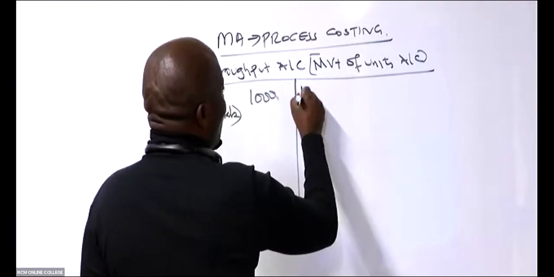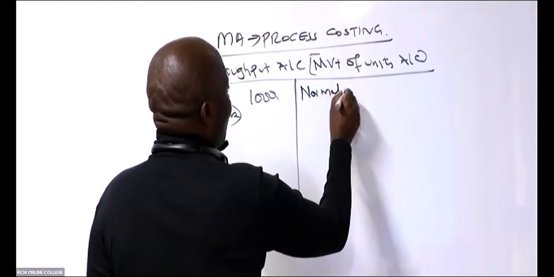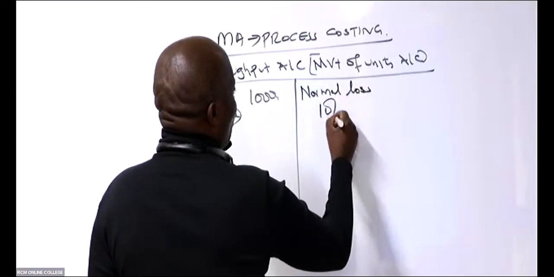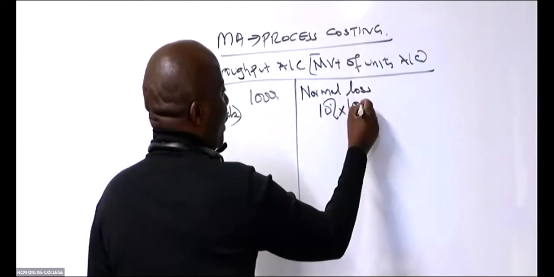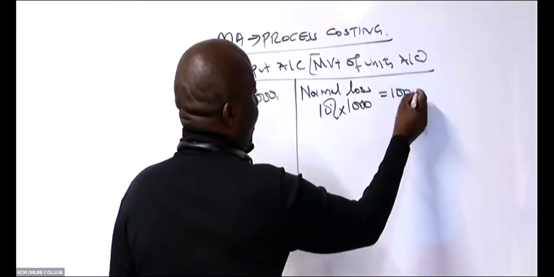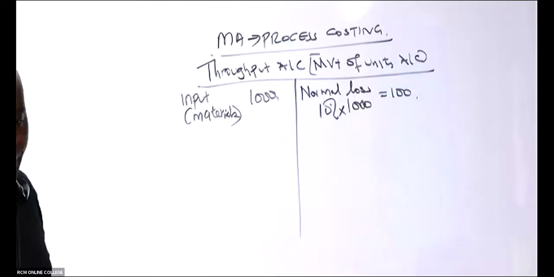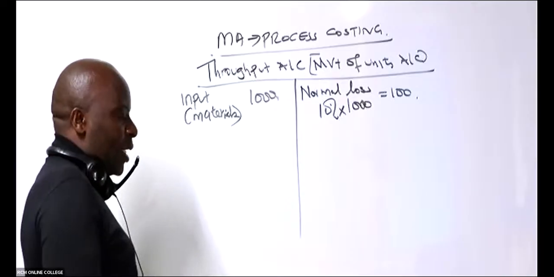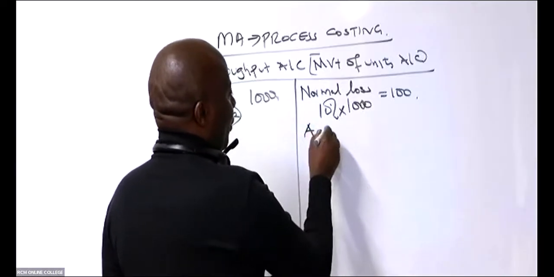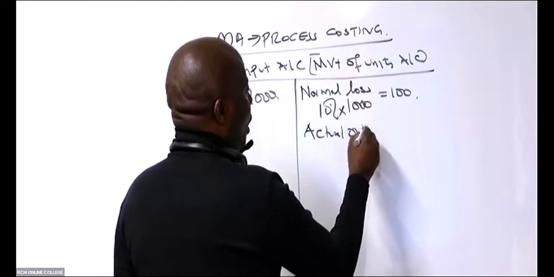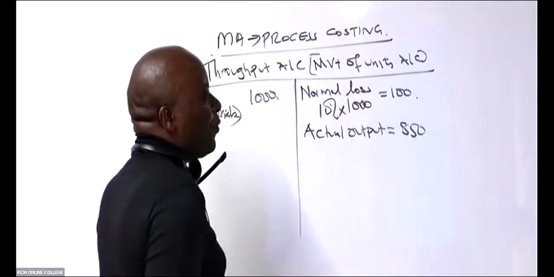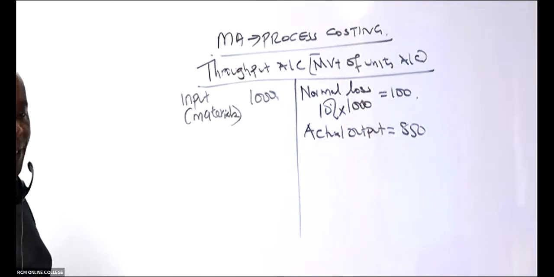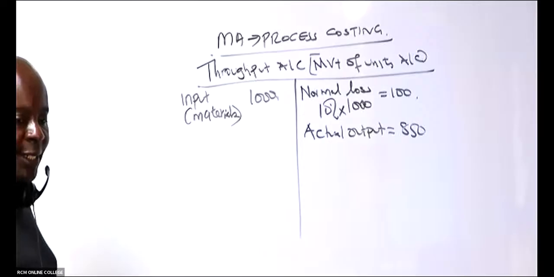Normal loss, they have told us, is 10% of the input. 10% of 1,000 gives us 100. And then, in the same question, they have given us the actual output, a figure of 850. So now I should be able to balance this account.